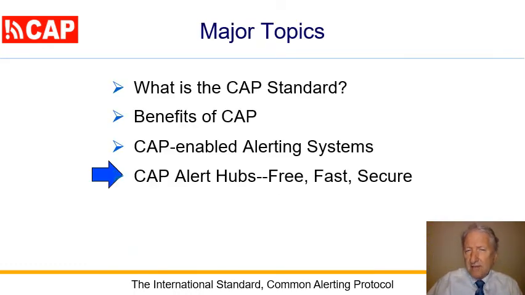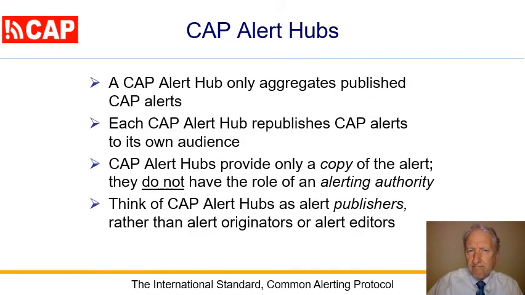Now, there's more to say about CAP Alert Hubs. A CAP Alert Hub makes it easy to get alerts from multiple sources at a single location. This is really important because there are already many thousands of CAP alert feeds.